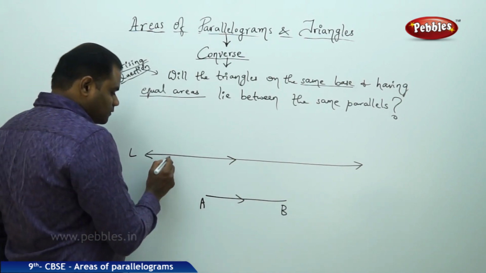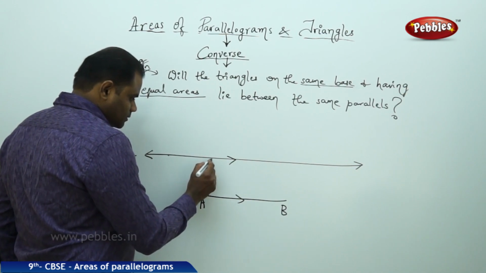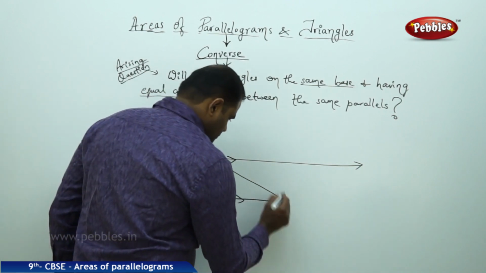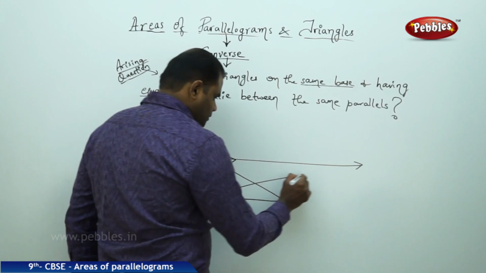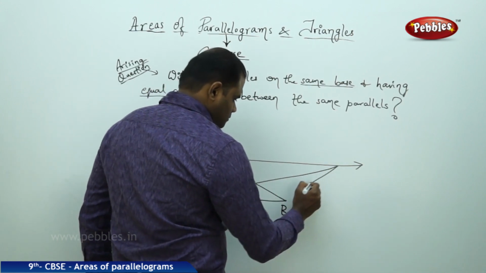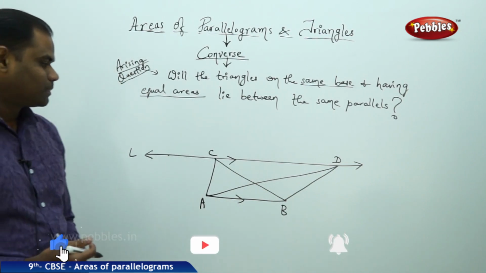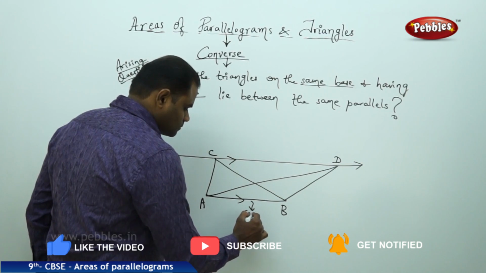So the planar region of the first triangle, let me take the triangle out here, and let me take the other triangle out here, which are on the same base AB.